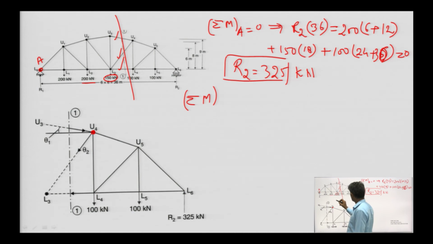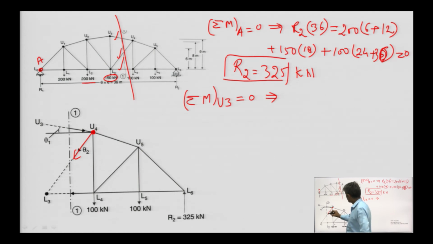Suppose this point is u3, u3 equal to 0. So, what will you get?